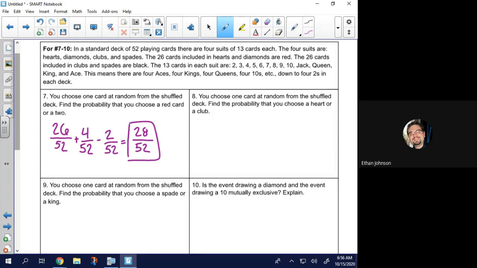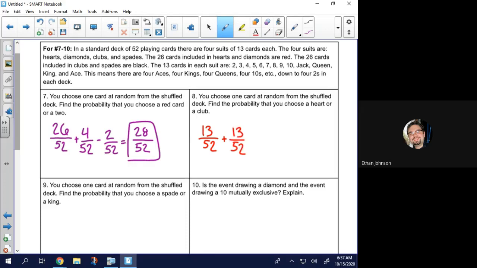Question 8. You choose one card at random from the shuffled deck. Find the probability that you choose a heart or a club. Reading above, I know each suit has 13 cards in it. So, probability of a heart would be 13 out of 52. Plus probability of a club would be 13 out of 52.